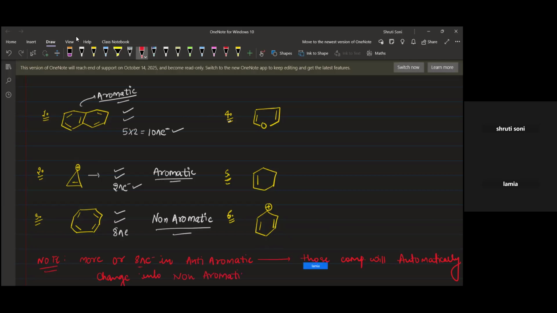Why will they change into non-aromatic? Oh, wait, sorry. Just give me one moment to write it down, ma'am. Sure.